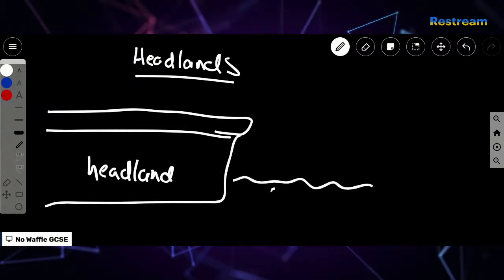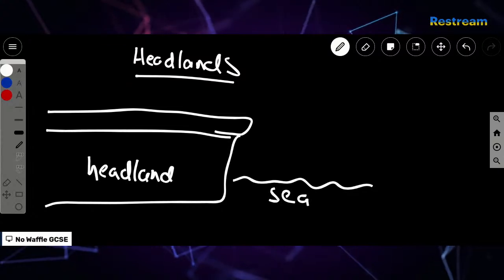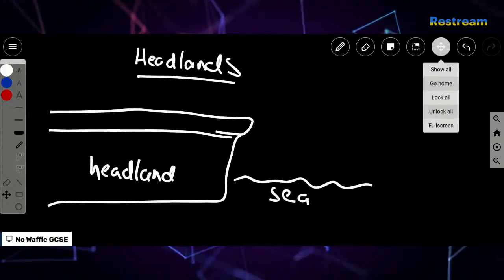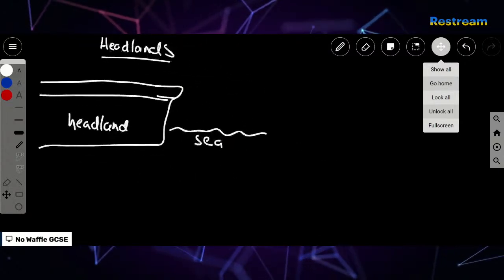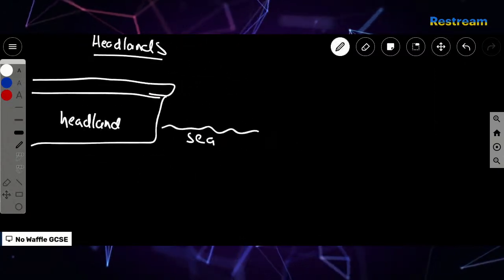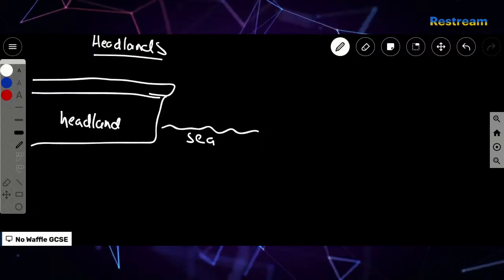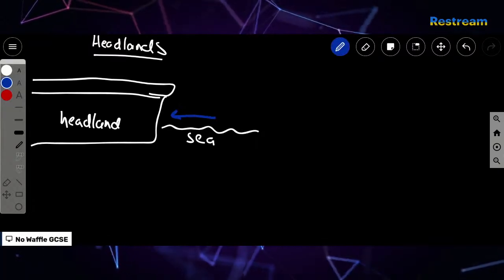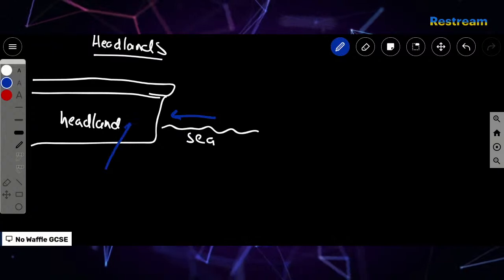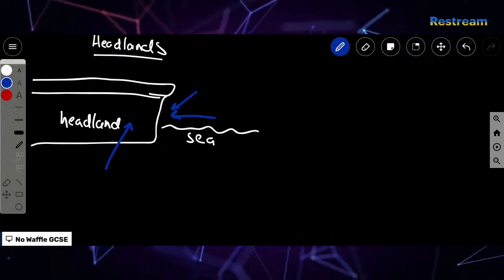That's the sea. What happens within this diagram is that eventually the headland will erode, and because it's now separated, the water can not only attack head-on at the cliff face, but also attack the sides of the headland.